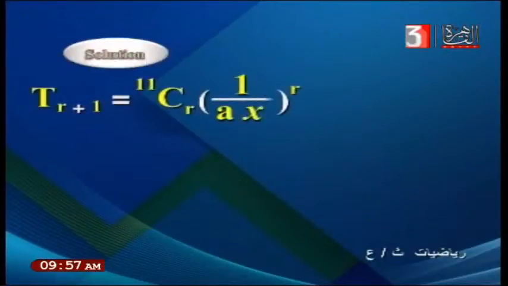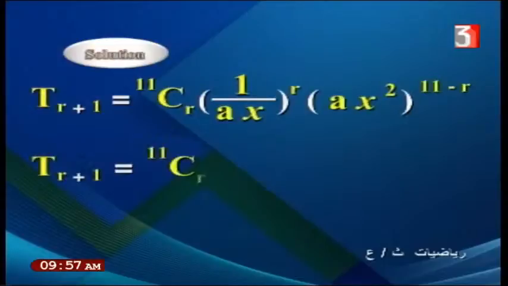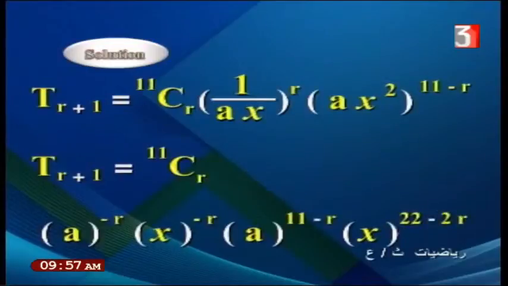Look at, my dear student. The general term T r plus 1 equals 11 C r, 1 over ax the second term to the power r, first term ax squared to the power 11 minus r. Therefore, equals 11 C r, a to the power negative r, x to the power negative r, a to the power 11 minus r, by expansion x to the power 22 minus 2r.